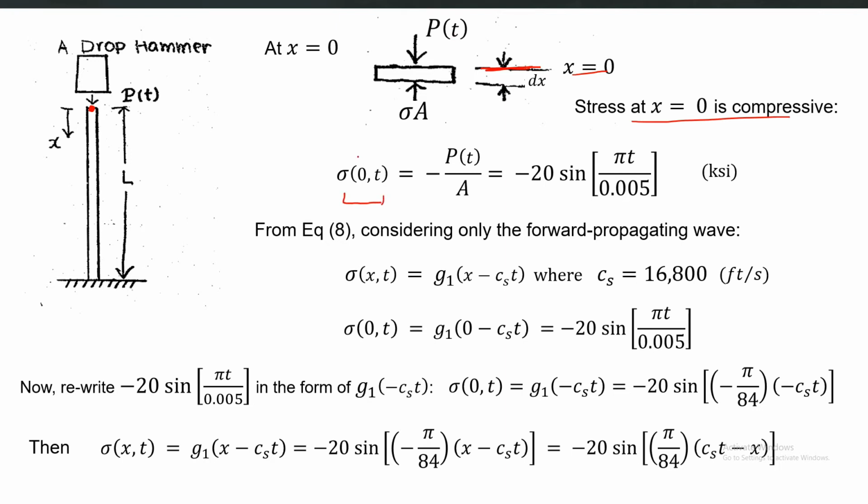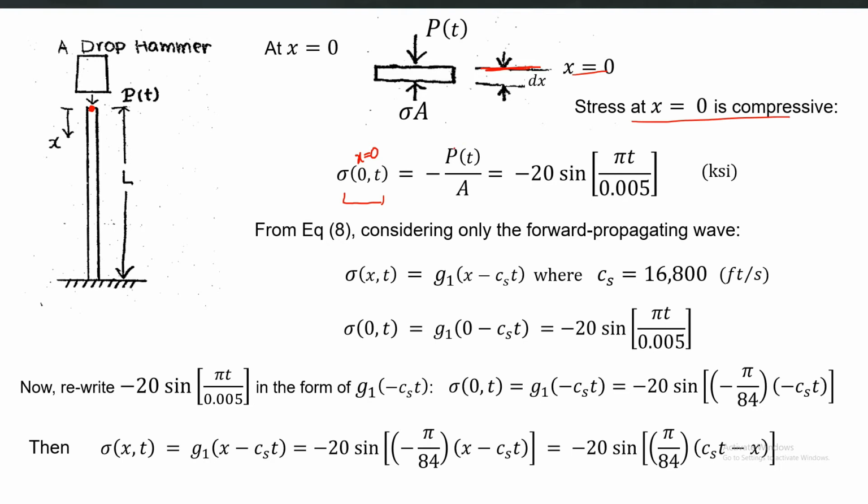This is x equal to 0, and t will be there, and that will be minus P of t, the applied force, divided by the cross sectional area. So P of t divided by cross sectional area will be the stress at top, and the minus sign basically shows the compression stress. P of t is already given.